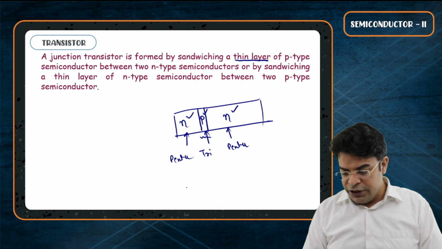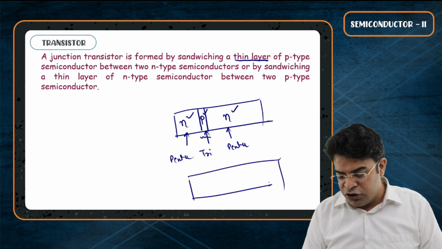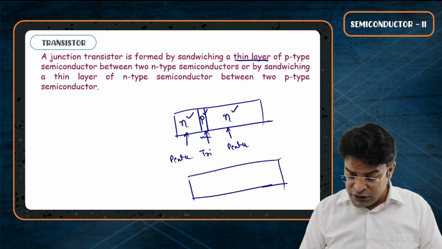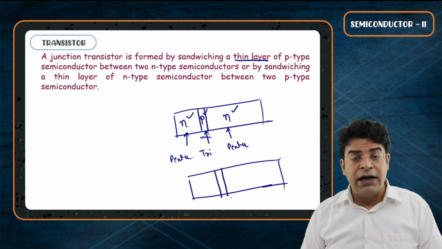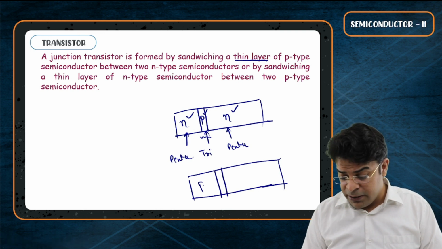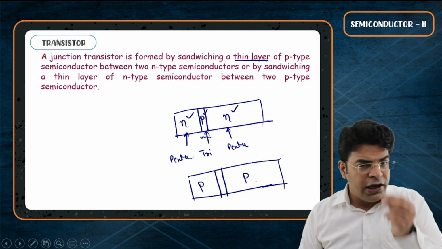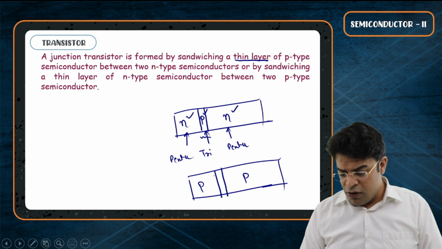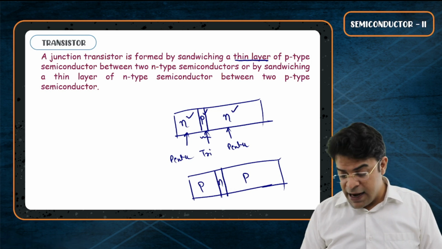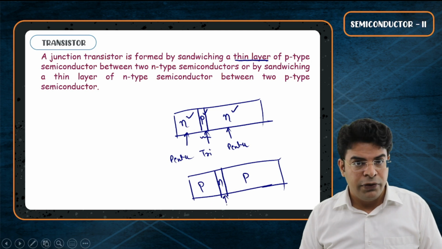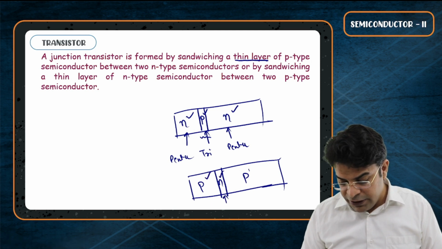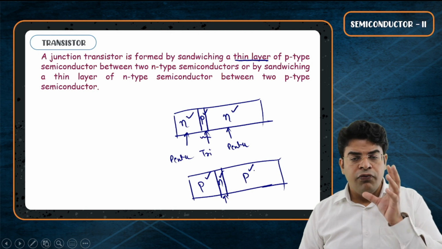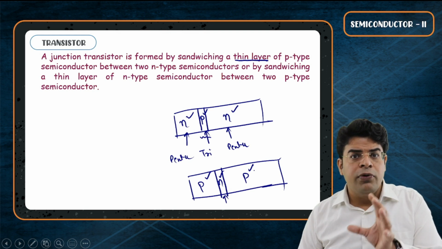To the contrary, you could have taken the same silicon or germanium wafer. On the two sides, you might have added trivalent impurities, creating p-type semiconductor, and in between them a thin layer of n-type by adding pentavalent impurity, and this will be called a PNP transistor. Now we give three different names to the three regions.